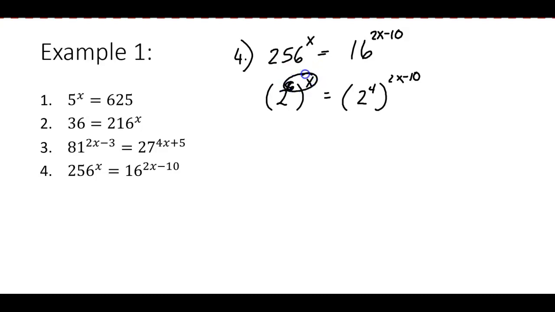Then we're going to multiply. Here we multiply, but since there's 2 of them, we got to distribute. We can drop out our bases.